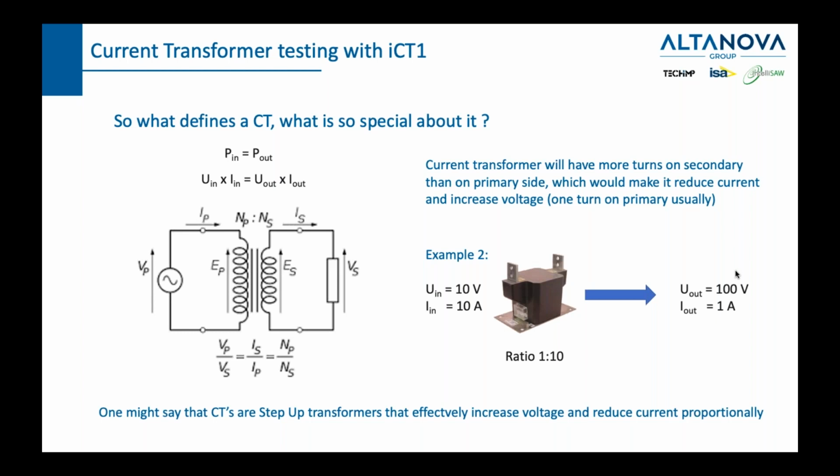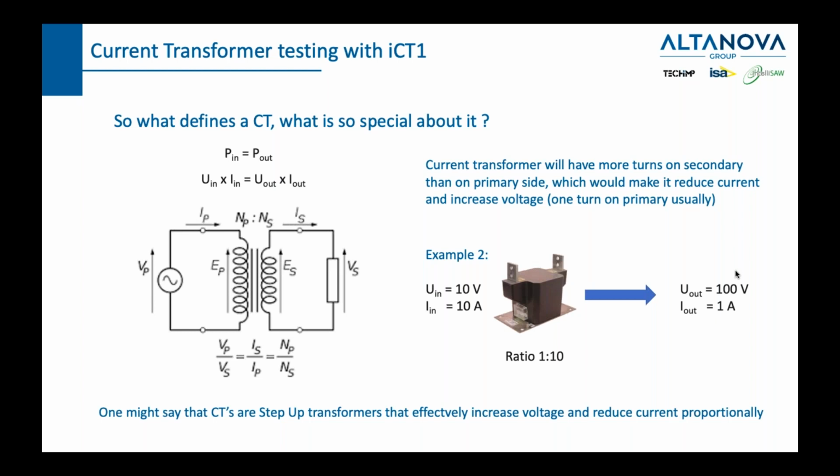Having said that, I have to mention now one of the tips and tricks when it comes to CTs. You should never leave the secondary side open, because if the secondary side is left open, then the voltage which is induced can damage the insulation of your current transformer.